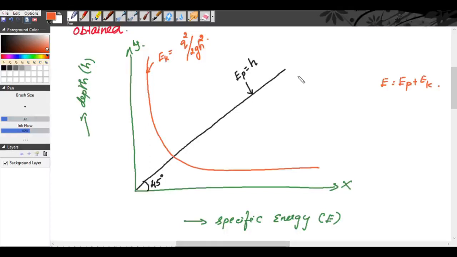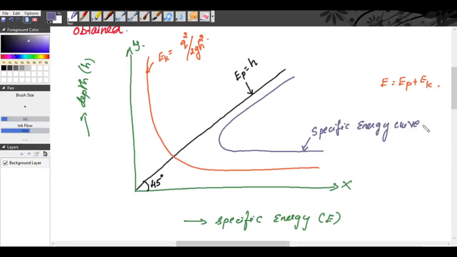That is our specific energy curve. Okay. So this curve is called the specific energy curve.